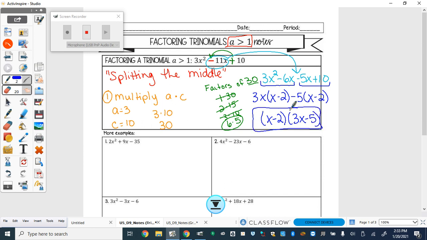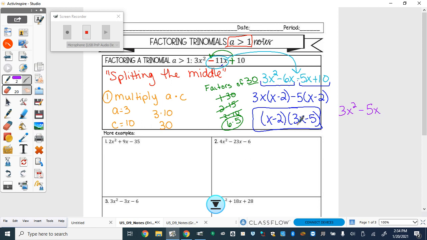So we're going to take that middle term of 11 and we split it apart, making it those two terms by using the factors of your a times your c, and then we factor by grouping. So if we were to multiply our two factors back out, x times 3x would be 3x squared. X times negative 5 is negative 5x.